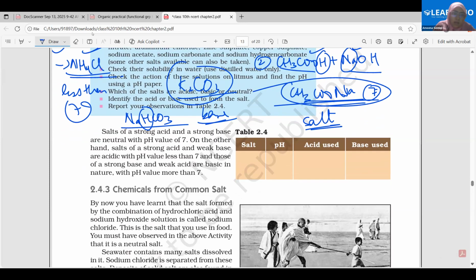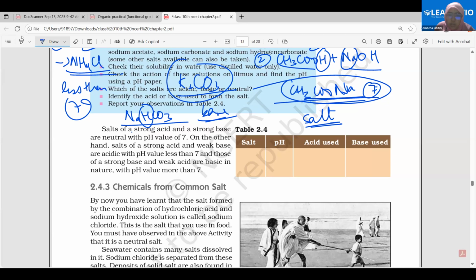Salts of a strong acid and strong base are neutral with pH value of 7 as discussed. Can you quickly give me one example of a salt with pH 7? Example of a salt with the pH value of 7.